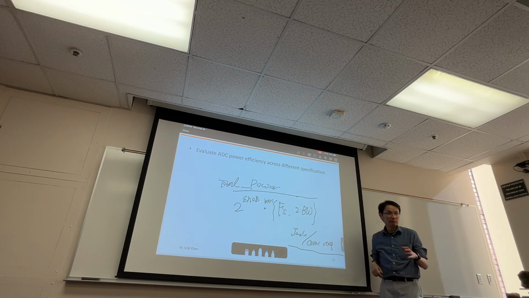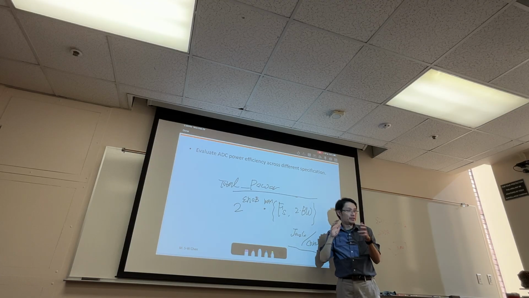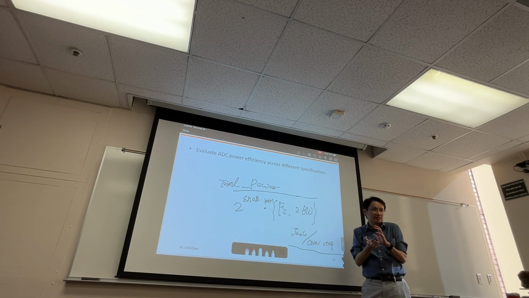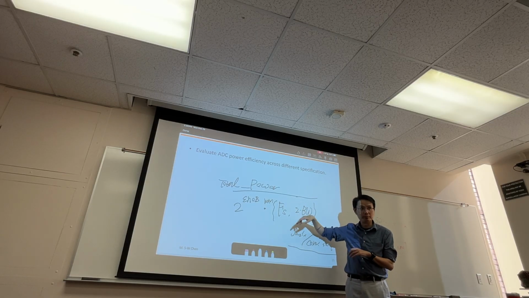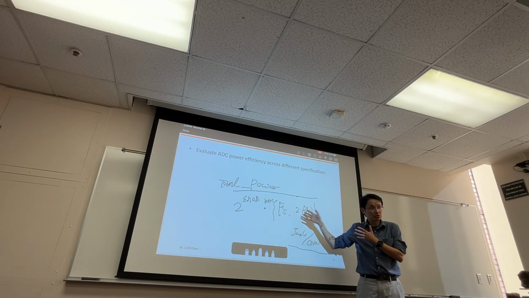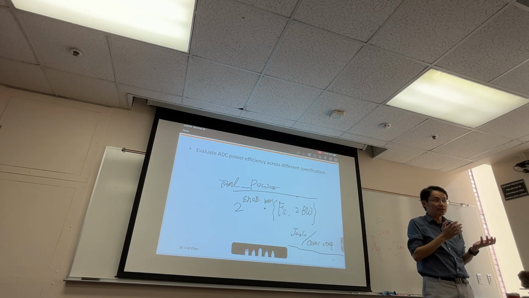Even though you say, oh, Mike, what are you talking about? We already normalized to the speed, right? But it depends on how you implement the ADC. It's not always that speed and power scale proportionally. You see, this equation assumes that they scale proportionally, but that's not the way a circuit works.